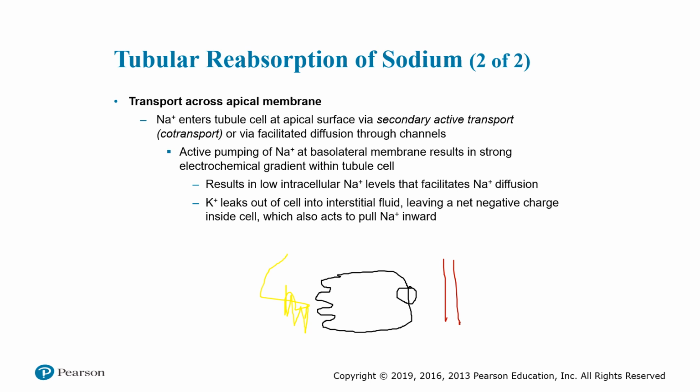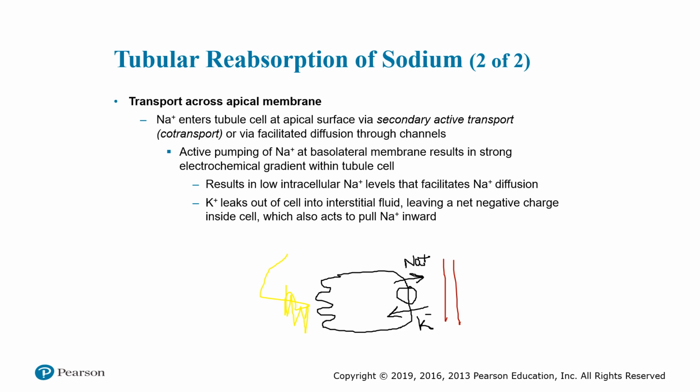Now the sodium has moved out, and because of the outward movement of the sodium, there is a pressure gradient. There is deficient sodium inside the cell. And also I said that the potassium which comes in leaks out into the interstitial fluid.